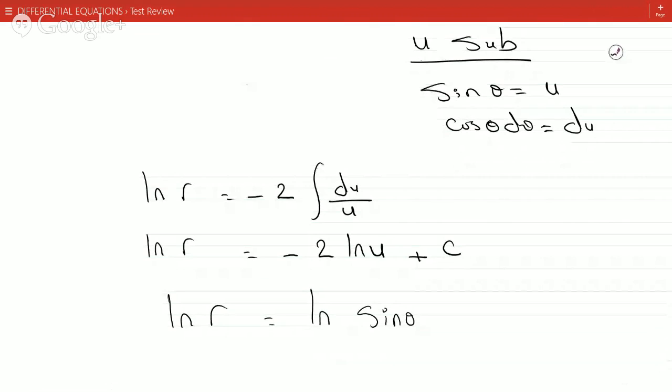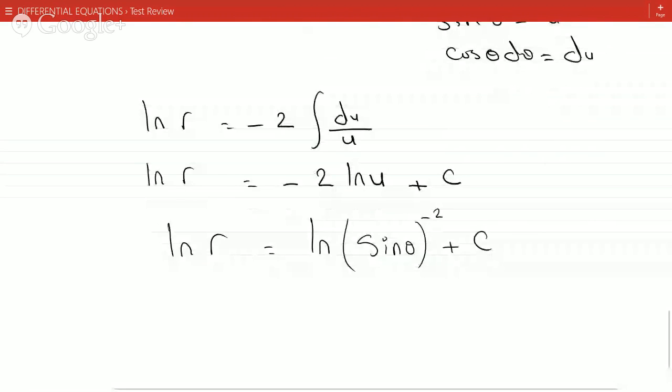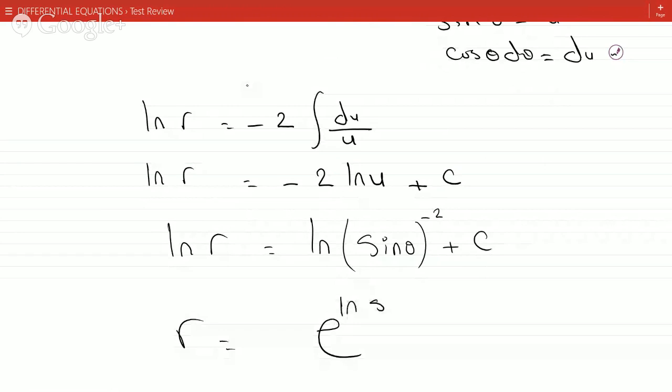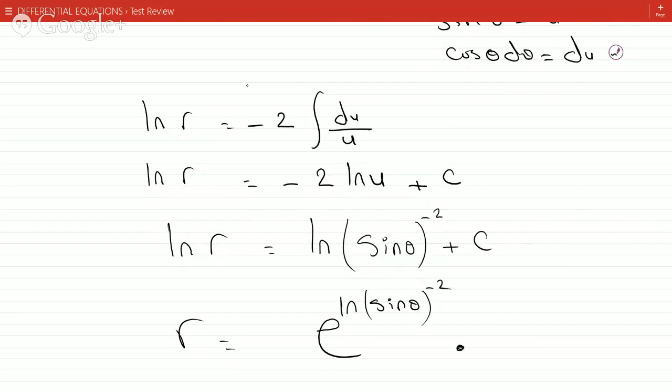And then you can take this minus 2 and put it on the power here, plus c. And then you can invoke the properties of the logs. So r would just be e raised to all this. Sine theta to the minus 2 plus c, or I could rewrite it as times e to the c.